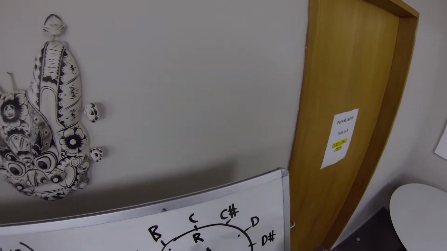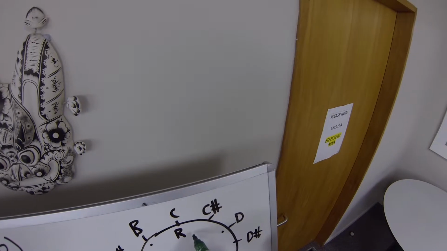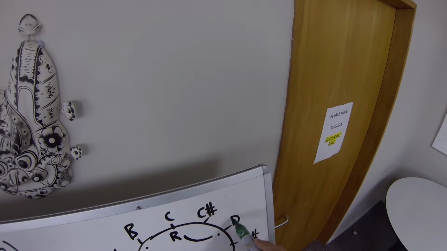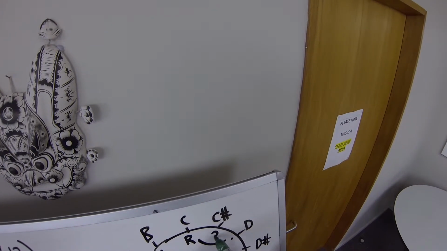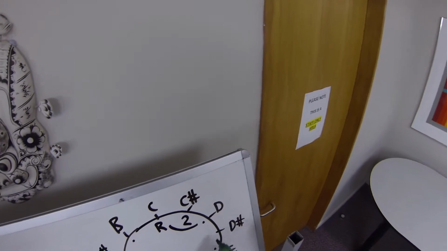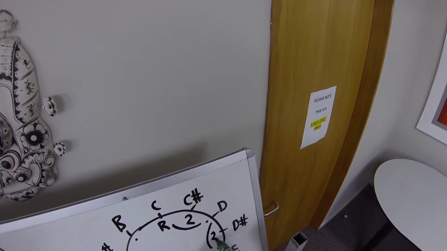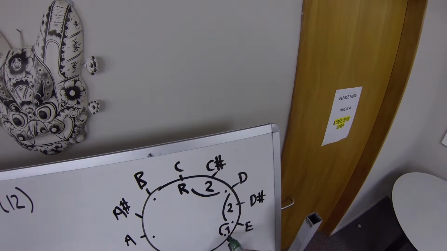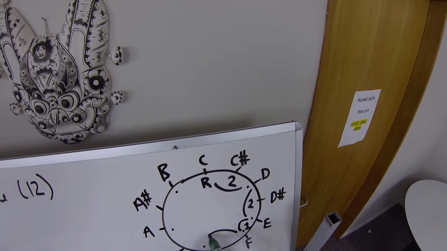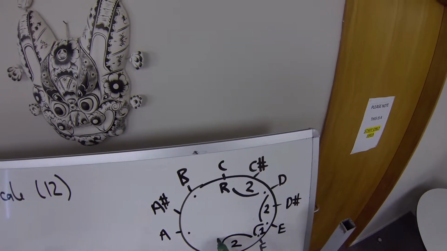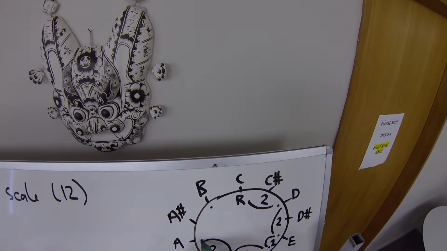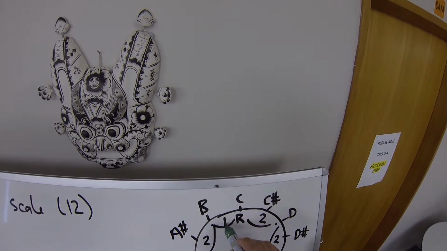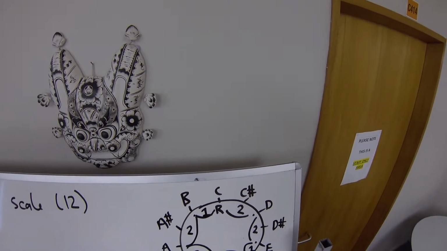And so my pattern here is I've gone a root note, then I've skipped over, so I've made a step of 2 on the clock, we call it. So it's root, 2 to the next note, 2 to the next note, now a 1, 1 to the next note, 2 to the next note, 2 to the next note, 2 to the next note, and finally 1 to get to my root note.